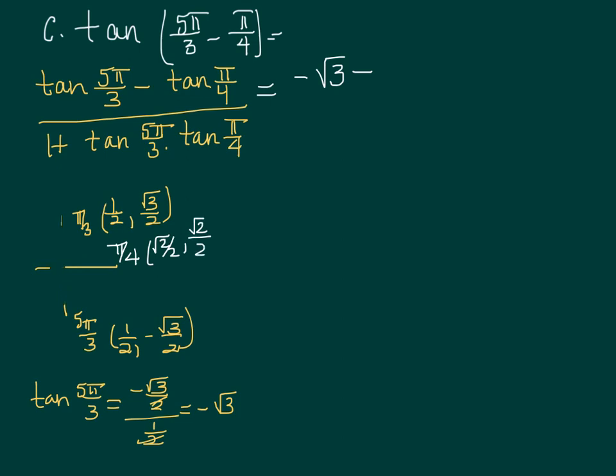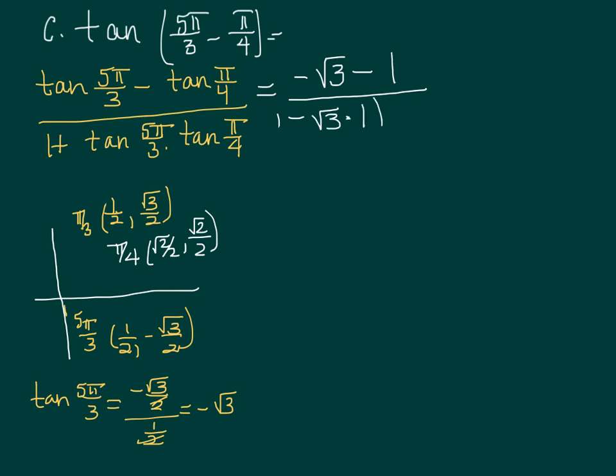Let me move my line down a little bit so it doesn't look crazy. And so if you divide the y over the x, you're just going to get 1. And then in the denominator, you have 1 plus, and a plus and a minus make a minus, times 1.